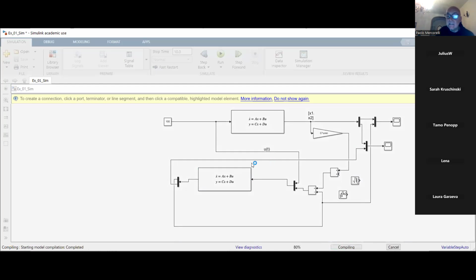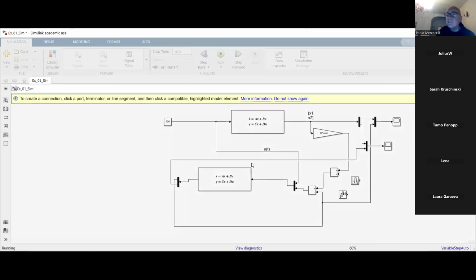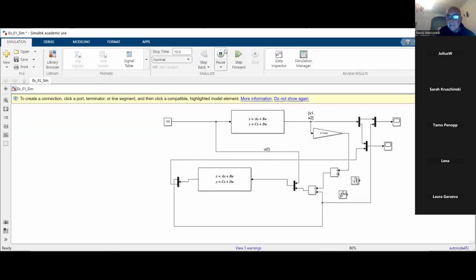Simulink, again, is a graphical interface of MATLAB. If I run, basically I just click on this arrow, and run means I will find the solution.